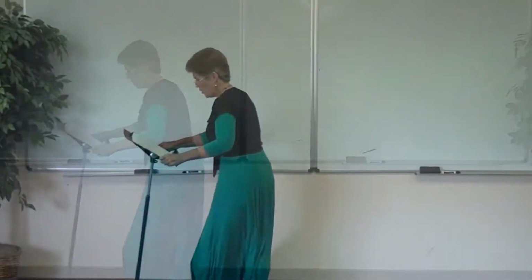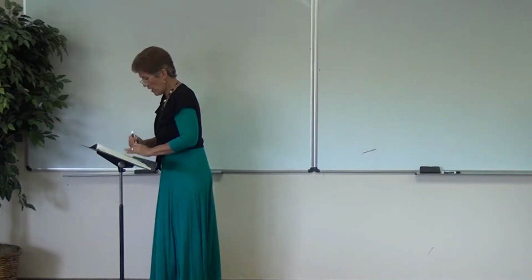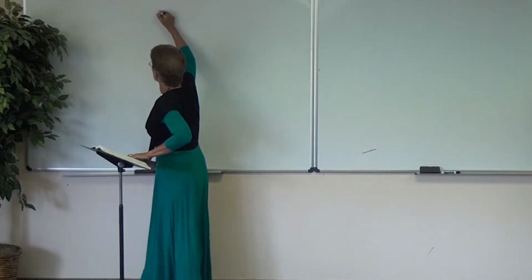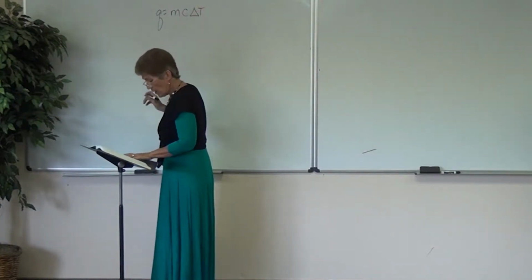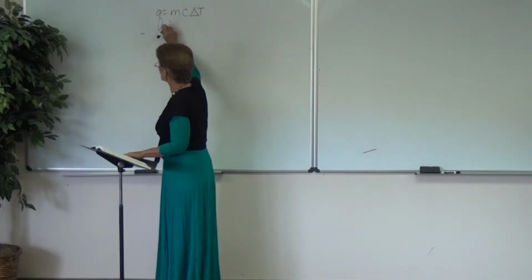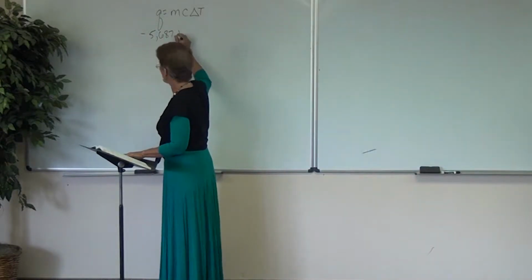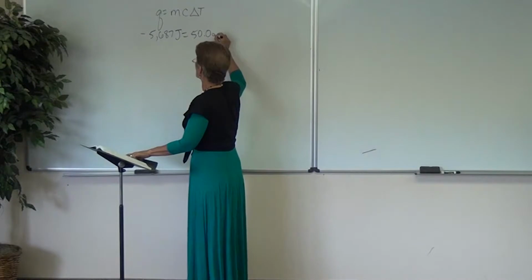A 50-gram sample of tungsten loses that much energy and ends up with a temperature of that. What is its initial temperature? So we have Q equals MC delta T. We are told that it loses, so that's negative 5,687 joules equals, the mass is 50 grams.